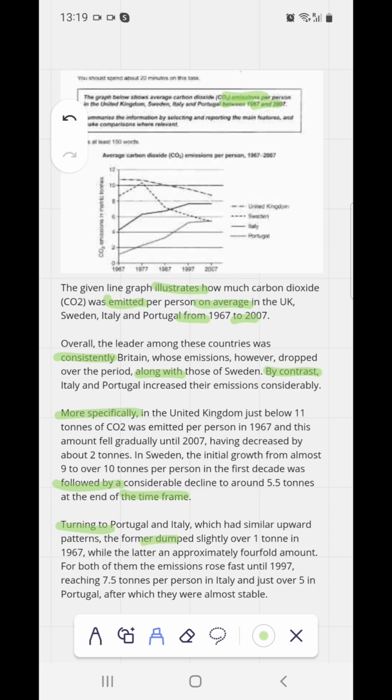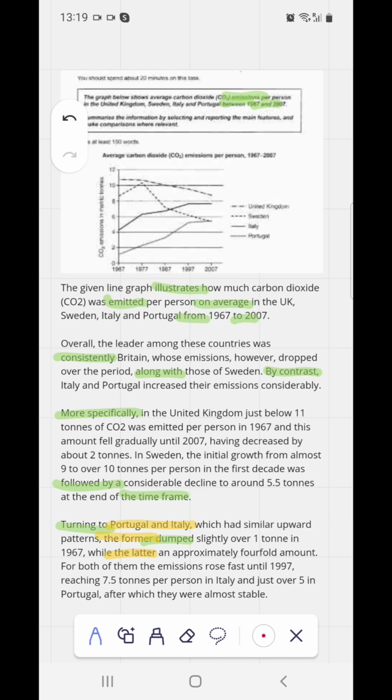So dumped instead of emitted. So here we have the former, the latter. It's when you have two categories mentioned before and then you want to refer to them in order.